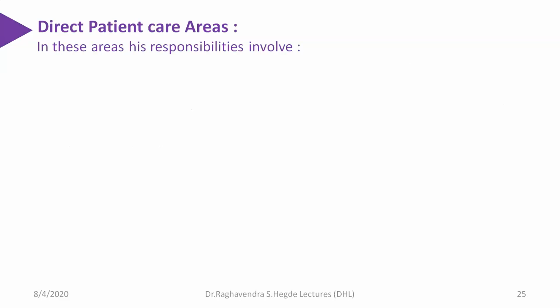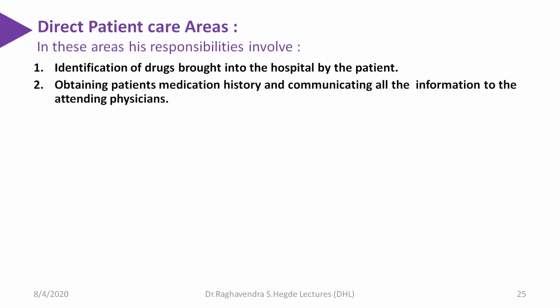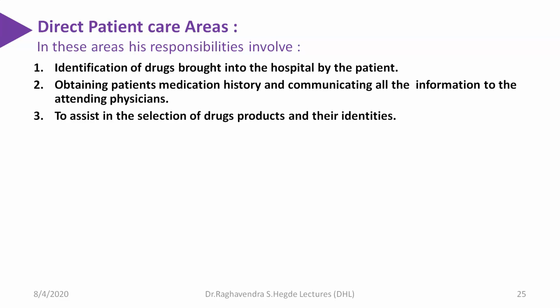Now coming to the direct patient care areas. In these areas, the pharmacist's responsibilities include identification of drugs brought into the hospital by the patient, obtaining the patient's medication history and communicating all the information to the attending physicians, to assist in the selection of drug products and their identities.